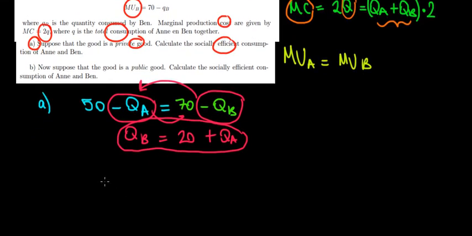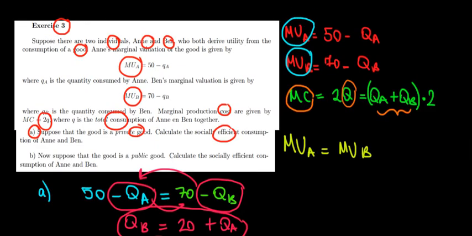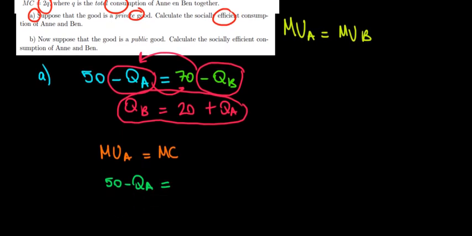The marginal utility of Anne must be equal to the marginal cost. Now we know the function for the marginal utility of Anne, which is 50 minus qa. And what is the marginal cost? Well, we just saw it's 2 times qa plus qb.